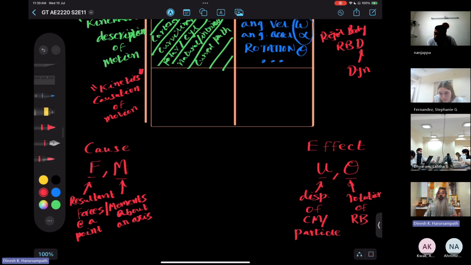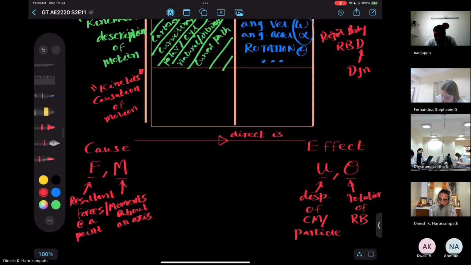But whatever we do is, of course, generally applicable for any rigid body whatsoever. Now, while our interest is in going from this cause to the effect, usually it is very difficult to go in a direct manner. So, which is why we introduced two intermediate concepts.